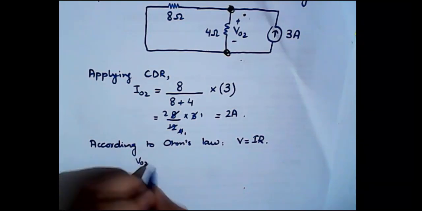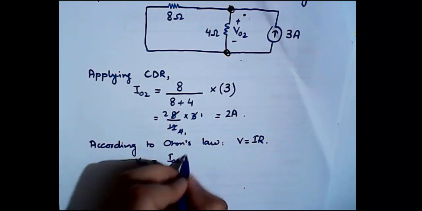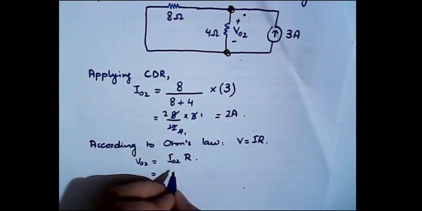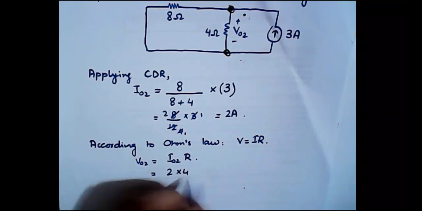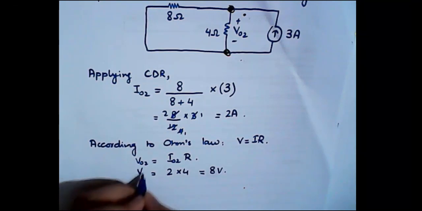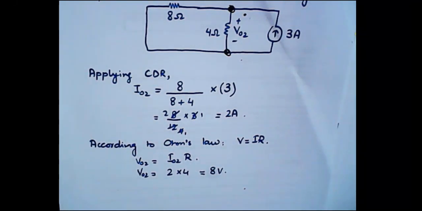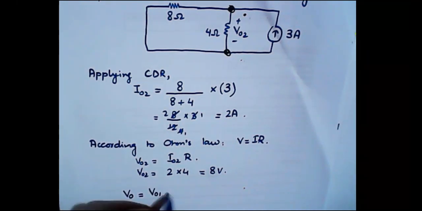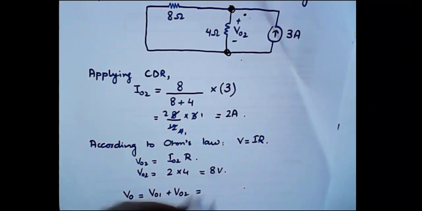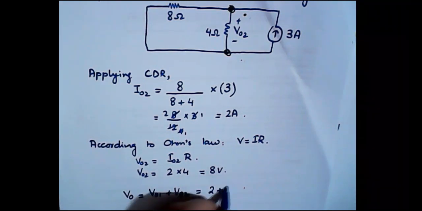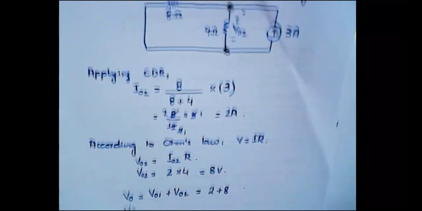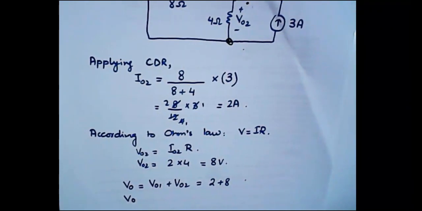So V naught 2 is equal to I naught 2 times the resistance, which is 2 multiplied by 4, so it will be 8 volts. So we have got the value of V naught 2. V naught itself will be equal to V naught 1 plus V naught 2, which is 2 plus 8. So the total voltage in this question is 10 volts.